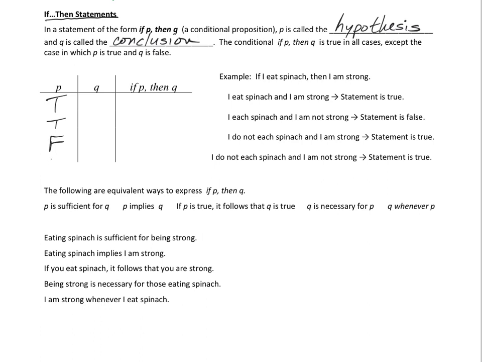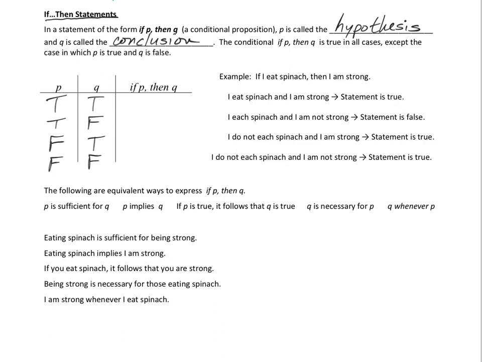True, true, false, false. Q can be true or false when P is true, or true and false when P is false. So if P then Q, as we state up here, is true in all cases except when P is true and Q is false.